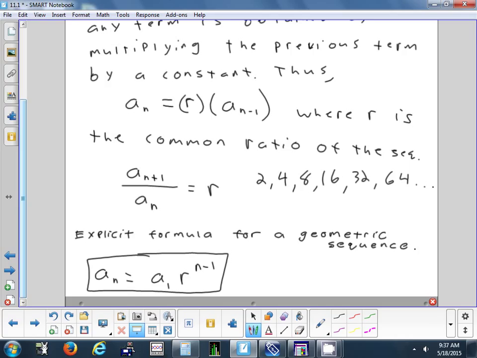And here's the explicit formula for changing a geometric sequence that's recursive into a geometric sequence that's explicit. Okay, if we can, we always want to use explicit.